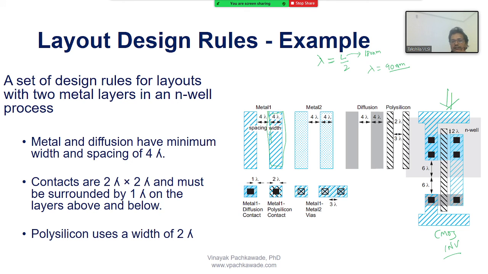So for that, let's say I draw the metal of this length and width. The rule says I have to draw it minimum 4 lambda. I cannot have 3 lambda or 2 lambda. Minimum it should be 4 lambda. So I drew it, and now I want to know the actual physical dimension of this rectangle that I just drew. So 4 times 90 nanometer, 360 nanometer, right, is the actual width of this.